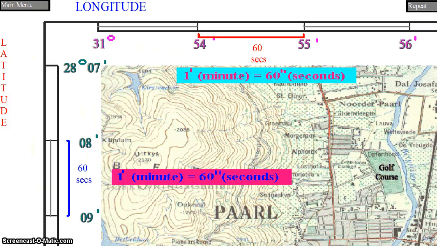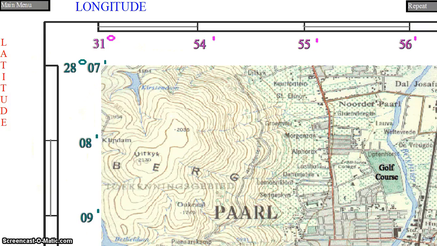Latitudinal coordinates increase towards the south in the southern hemisphere, and longitudinal coordinates increase towards the east in the southern hemisphere. To establish the coordinates of the golf course, join the center of the golf course to the latitudinal coordinates on the left and the longitudinal coordinates at the top of the map.